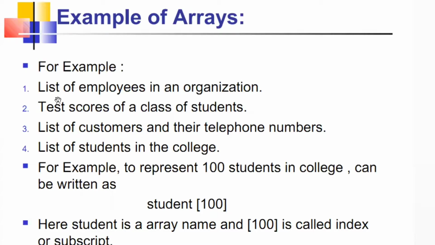For representing an array of 100 students in college, we can write it as student[100]. Here, student is an array name and 100 in brackets is an index or subscript.